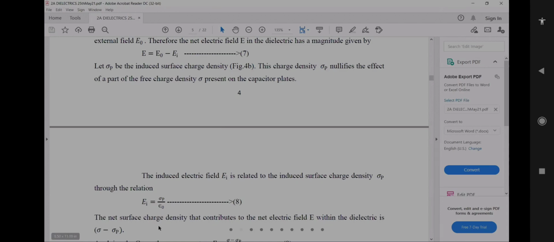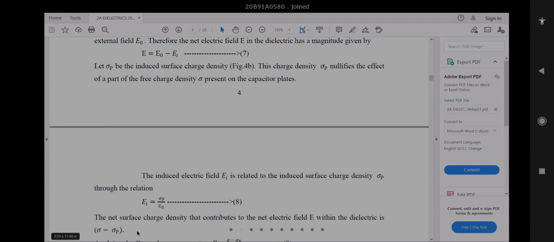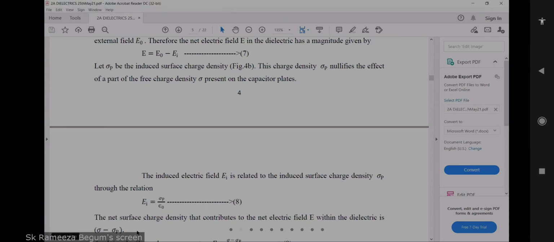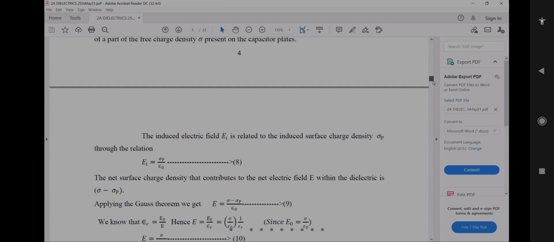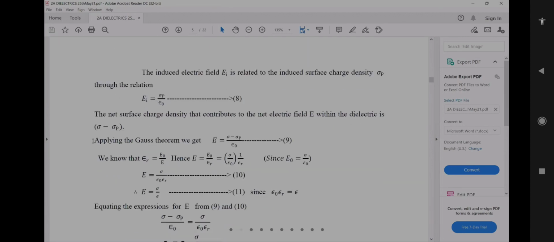So the net surface charge density that contributes to the net electric field E within the dielectric is sigma minus sigma_p.